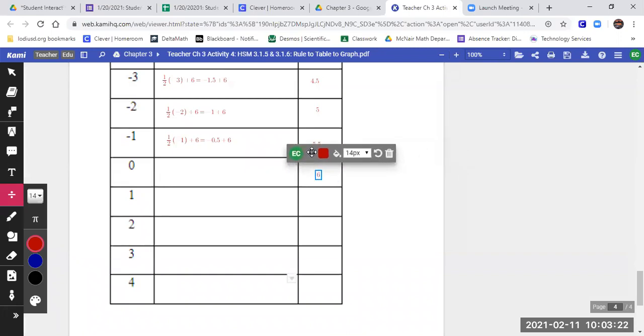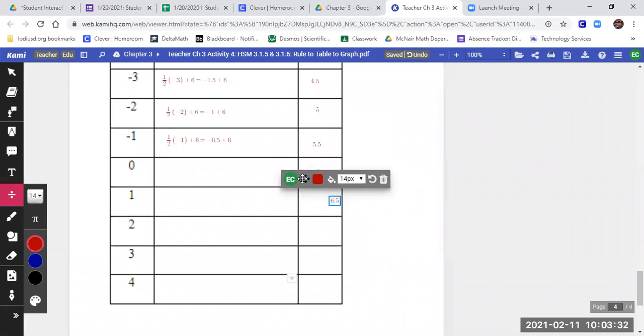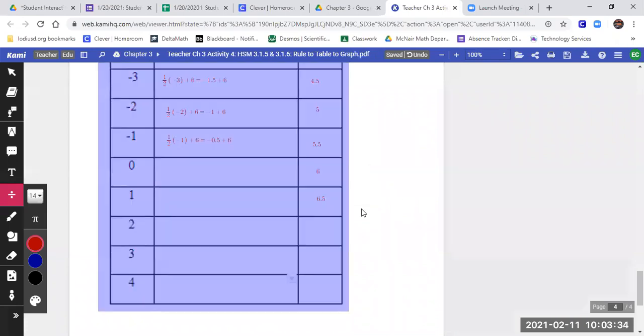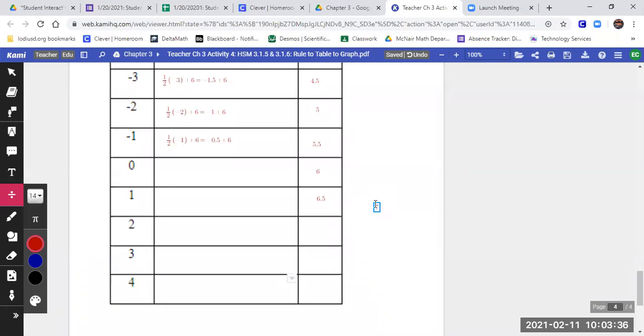What's the next one after that going to be? 6.5. We're following the pattern. What's the next one going to be? 7. We're going to go back and get all the work put in after. We're just getting the pattern handled. Next, 7.5. And the next one, last one, 8.